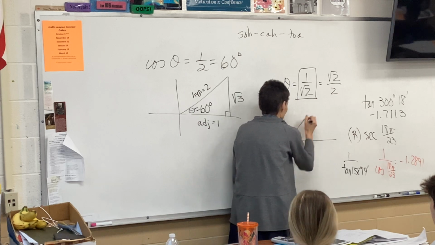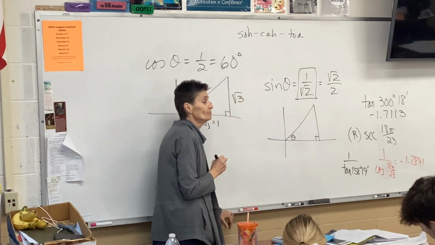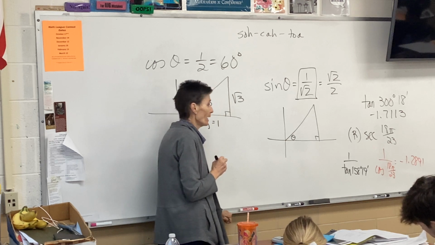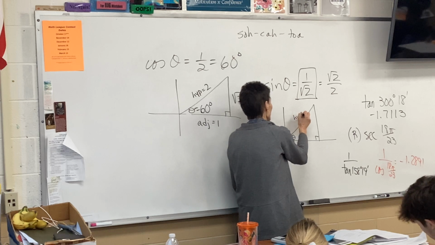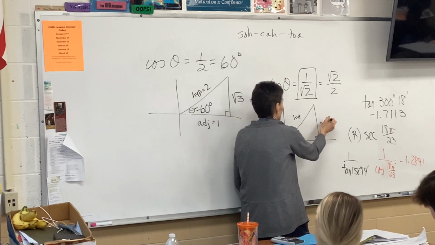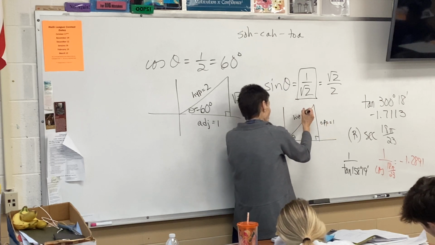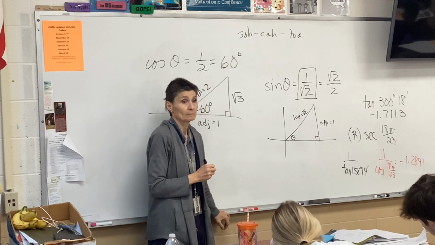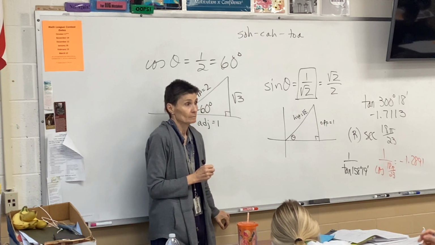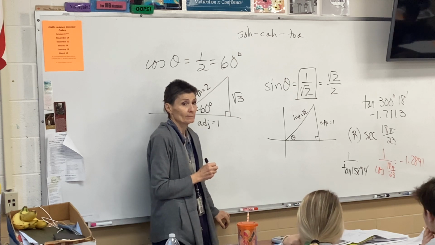So here's my triangle. I don't know what that angle is. I'm trying to figure that out. But I know that the opposite side is 1 and the hypotenuse is root 2. Right?